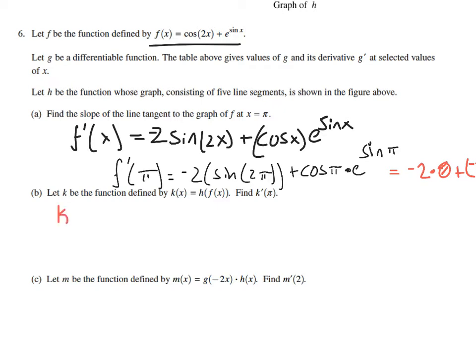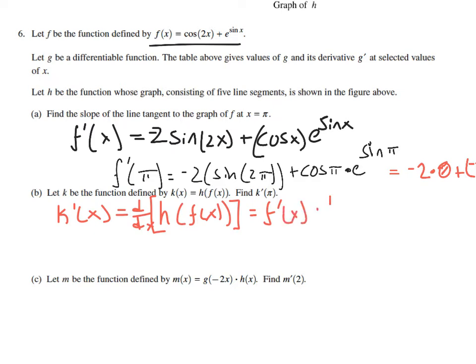So k prime of x, if you want to find the derivative of a composite function, well, that means we need the derivative of h of f of x, and the way we find the derivative of that, let me put some brackets right here, is we've got to do the inside first. So that's f prime of x times h prime of f of x.